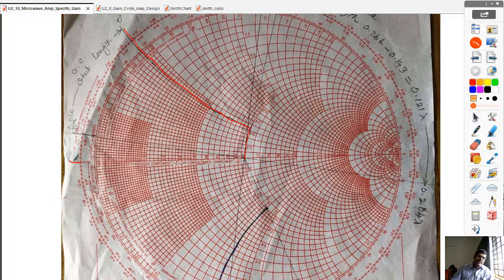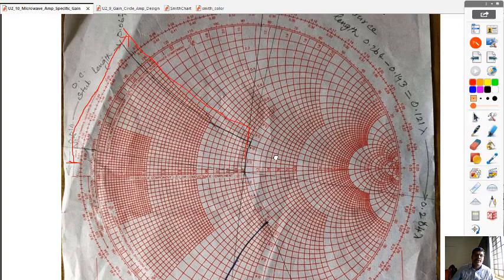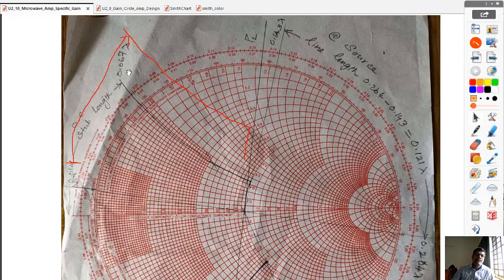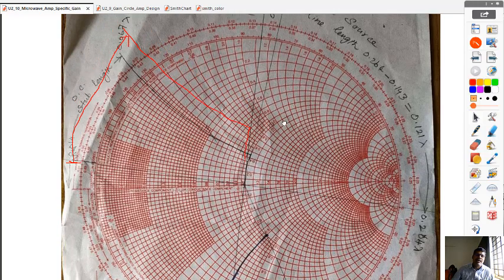This is the extreme left end point on the Smith chart, from where you measure the length up to this. And this line is crossing the wavelength towards the generator scale at 0.067 lambda.